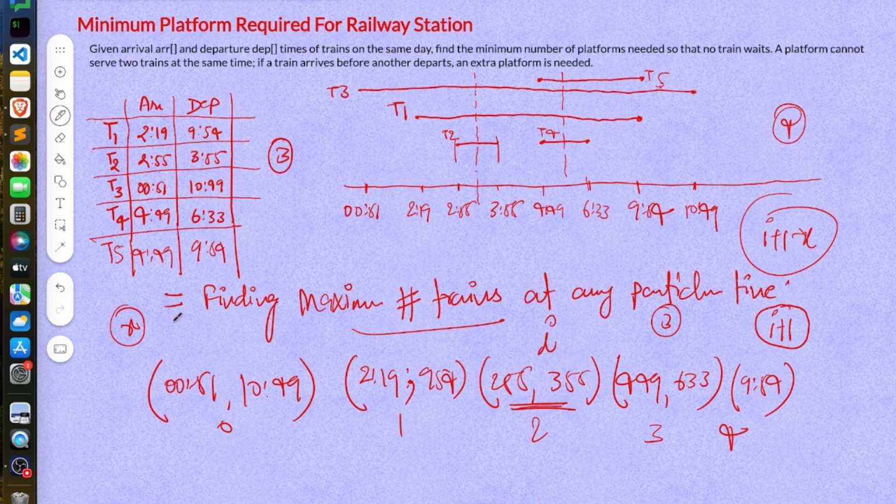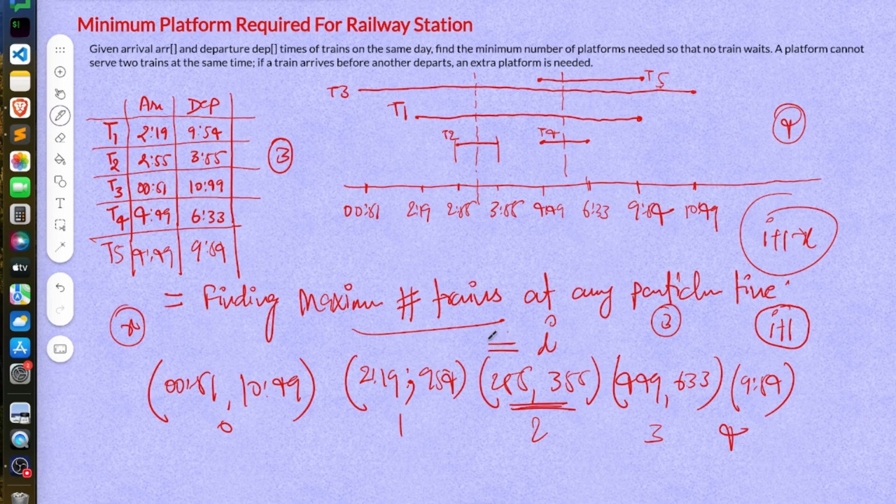So now our problem has been reduced to finding out how many trains have departed by the time I is present on the platform. So what we can do to solve that, we know that the arrival time of I is 255, right?